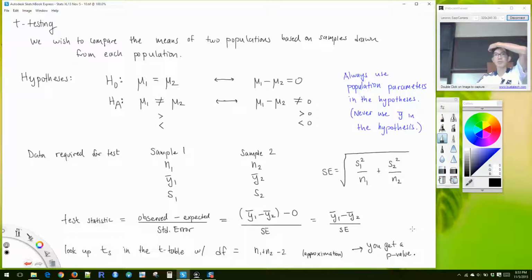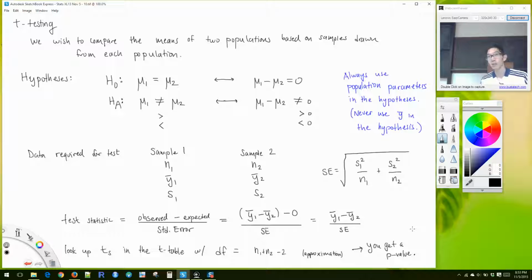And what do we then do with the p-value to make our conclusion? How do we make a conclusion based on our p-value? Compare it to the alpha. We decide, is our p-value big or is our p-value small? To do that, we compare it to alpha.